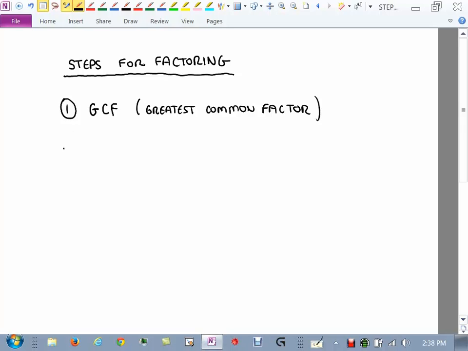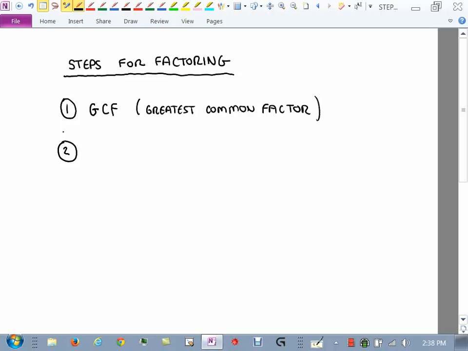The second thing, after you have done a GCF, anyone recall? Well, when you pull the GCF out, you'll have something left, won't you? And whatever's left can have 2 terms, or 3 terms, or 4 terms, or 5 terms.